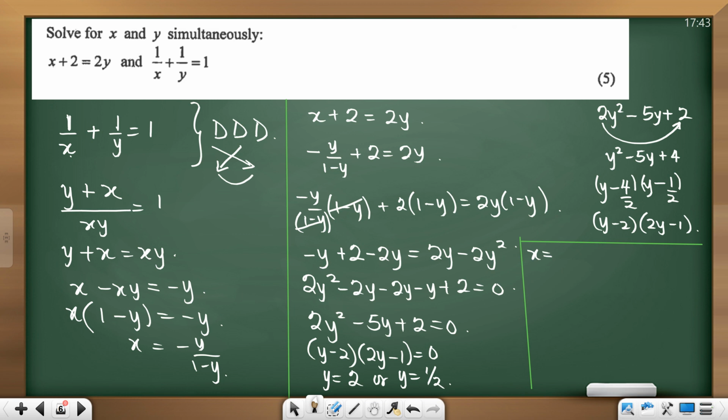My x is minus y over 1 minus y. So it's minus 2 over 1 minus 2 is negative 1. So negative 2 divided by negative 1. The other value would be negative half over 1 minus half. 1 minus half would give me half. Half divided by half would give me 1, but it's negative.